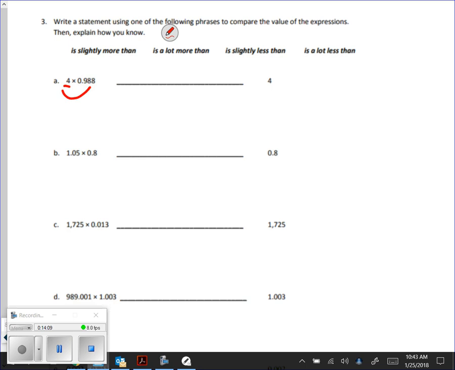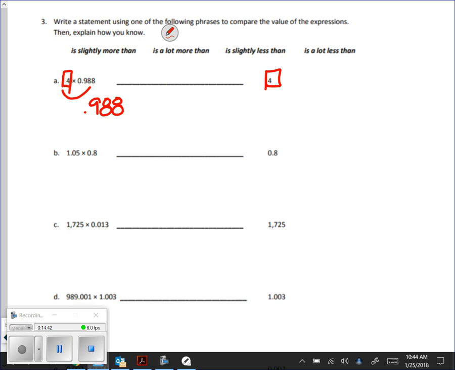988 thousandths. Now I'm multiplying that by 4. This is the number that I'm comparing, 4 to 4. My scaling factor is 988 thousandths. Now I know that that is not 1. How close is it to the whole number 1?